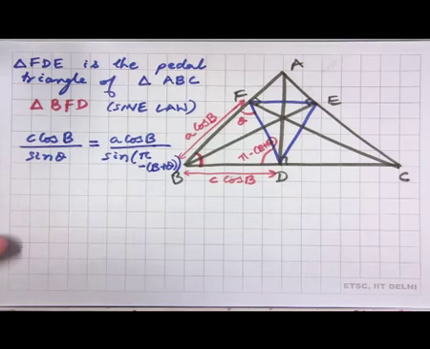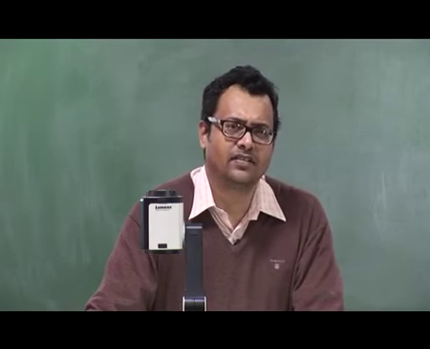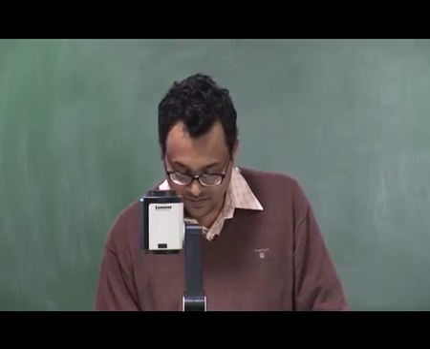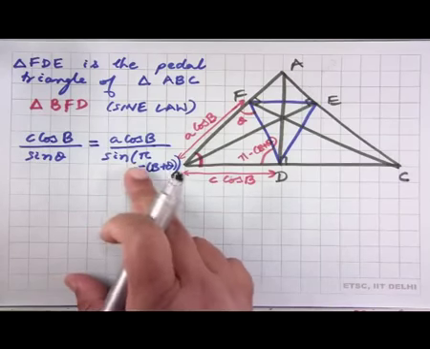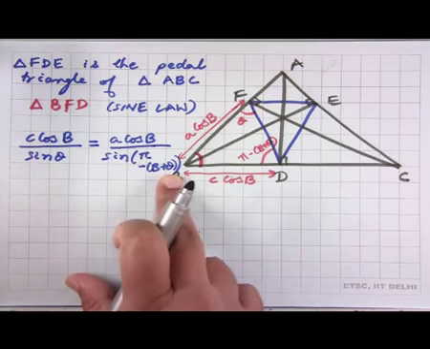But we already know this result, that for any angle x, sine of pi minus x is equal to sine of x, and therefore, this sine of pi minus B plus theta is the same as sine of B plus theta.